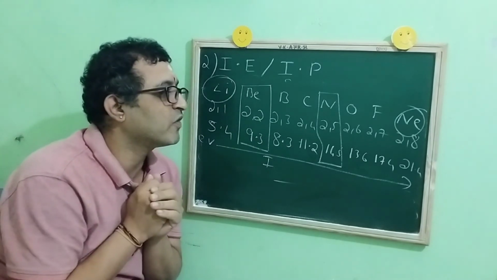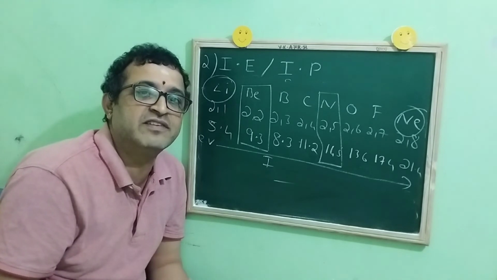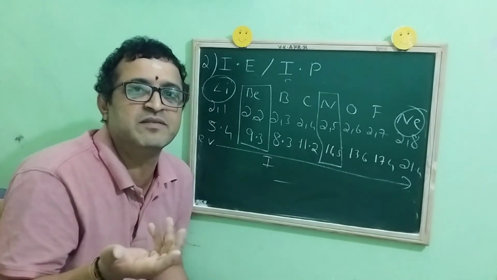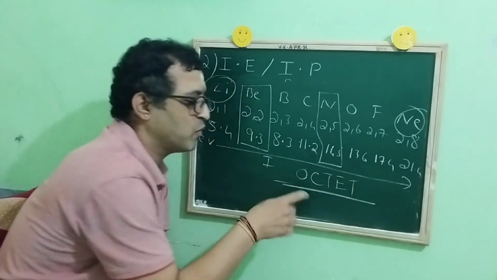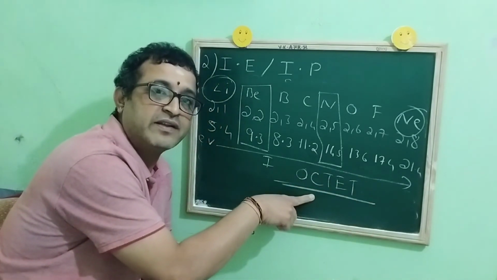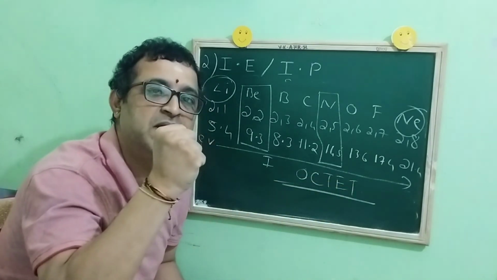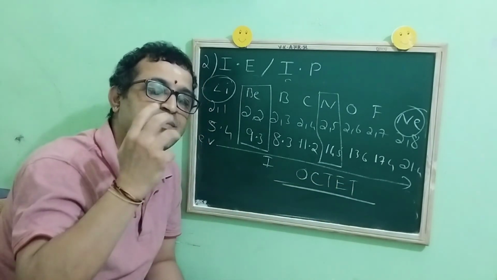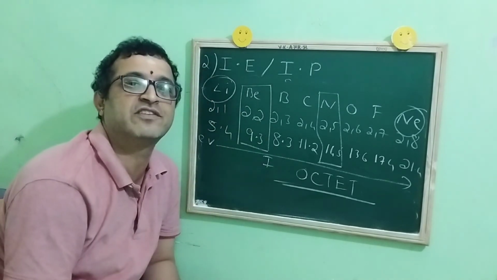Now the question arises, why is neon's ionization potential maximum? The reason is very simple. It has a completely filled electronic configuration. What is the configuration called? Octet. Because of this octet configuration, it is already stable. So to remove an electron from this stable atom, you have to supply a very high amount of energy.